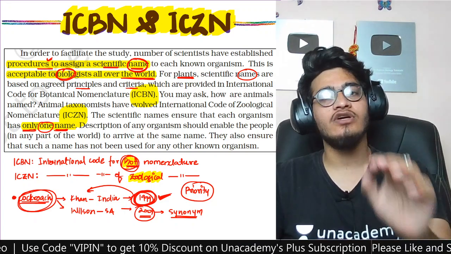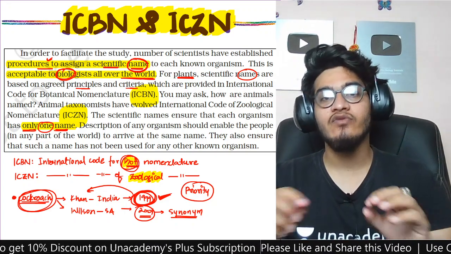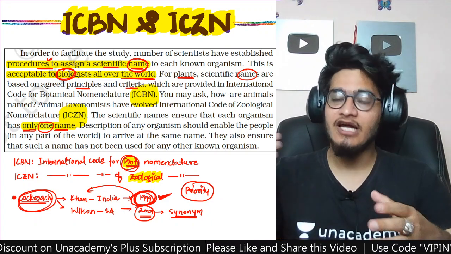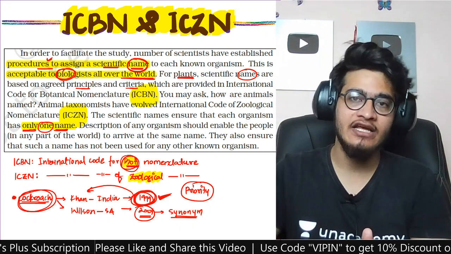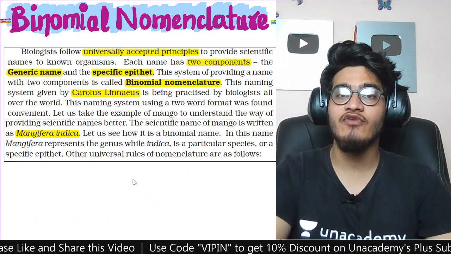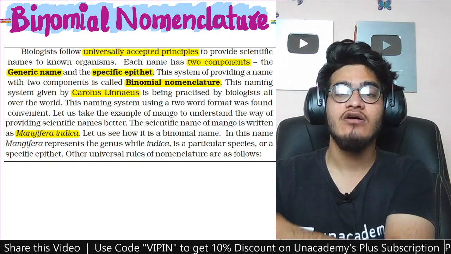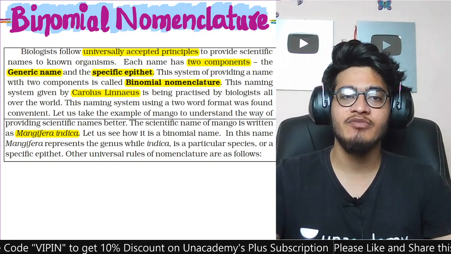If you are the first one to give a correct name, your name will be finalized. If the name that you have given is incorrect and someone else comes and proposes a name that is correct, then his name will be taken into consideration. So the full forms of ICBN and ICZN are very important from the examination point of view. It is asked already in past year question papers.